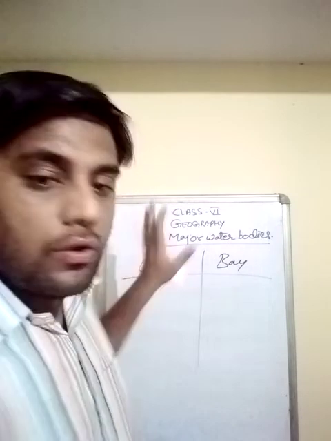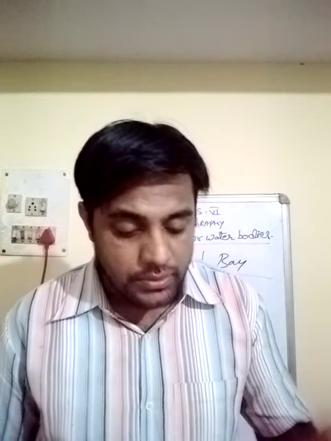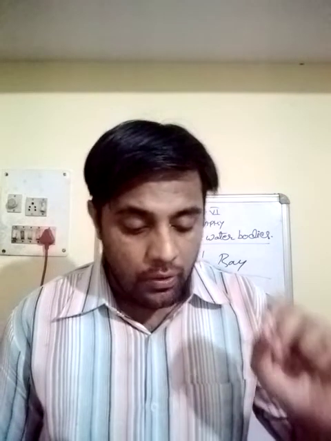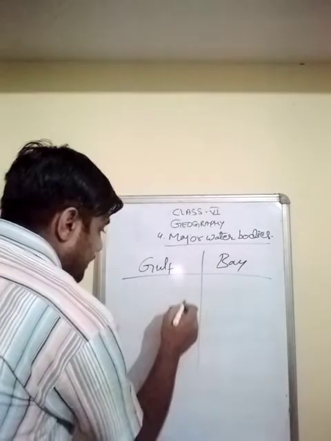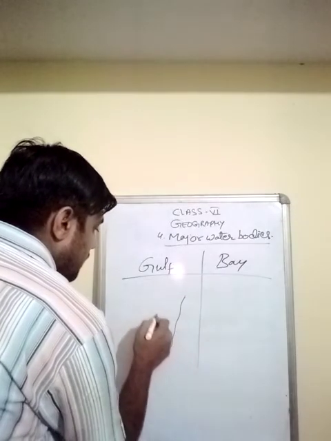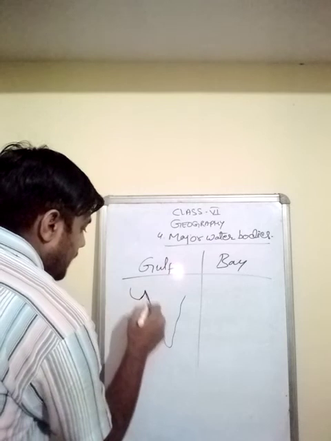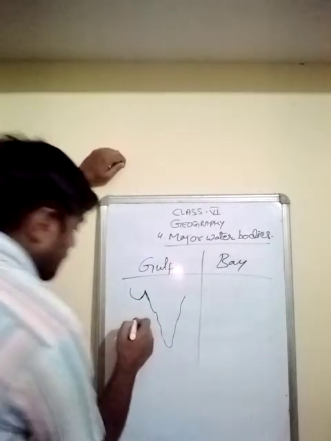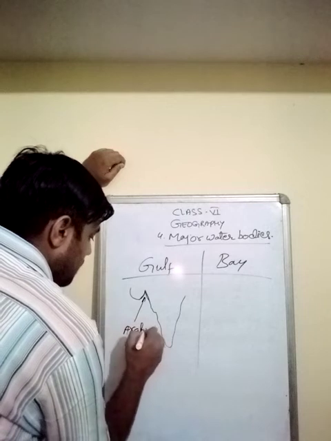First of all, let's talk only about gulf. Now, as the book says, a gulf is an inlet of the sea of large areal proportions. Suppose, let's consider our country only. In this particular area, you will see there is an inlet of the sea. You know there is the Arabian Sea here.